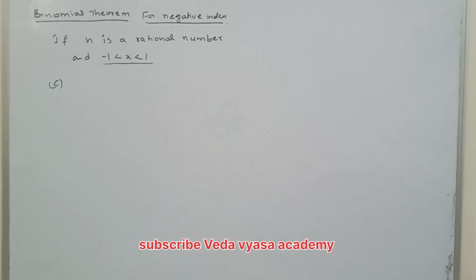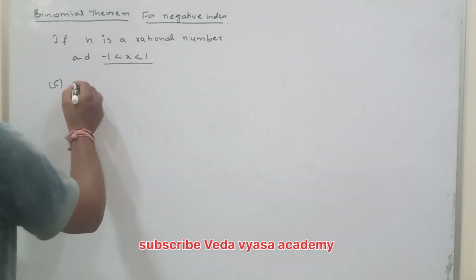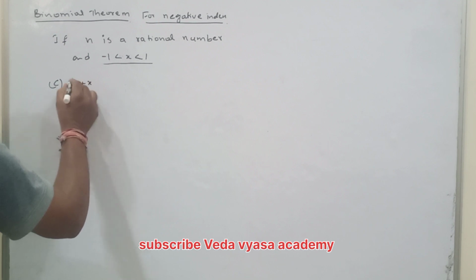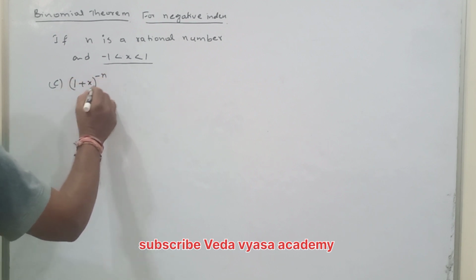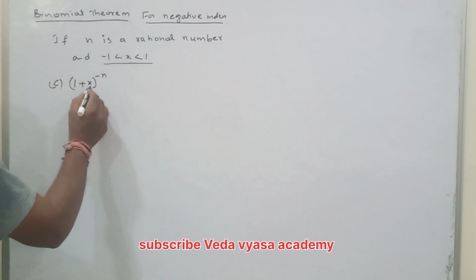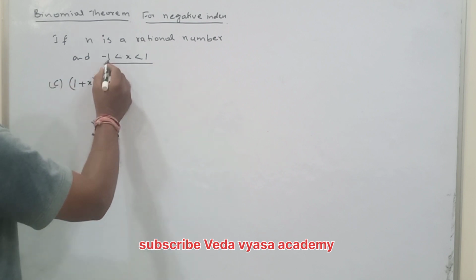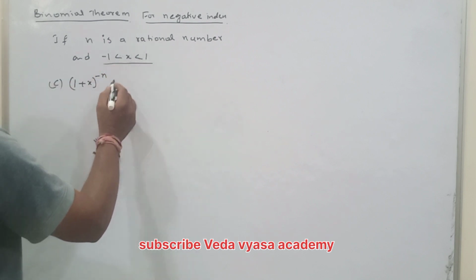Here we have one more result, that is (1 + x)^(−n), a negative index, with minus 1 less than x less than 1.